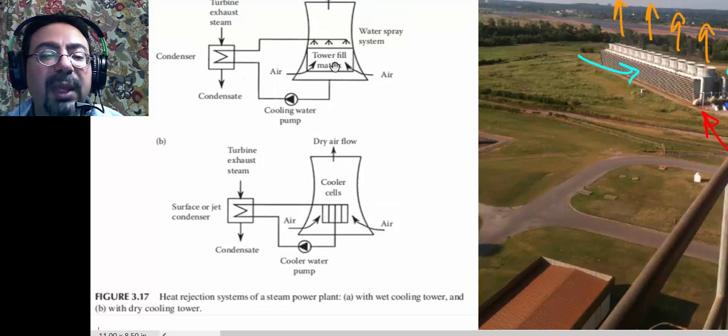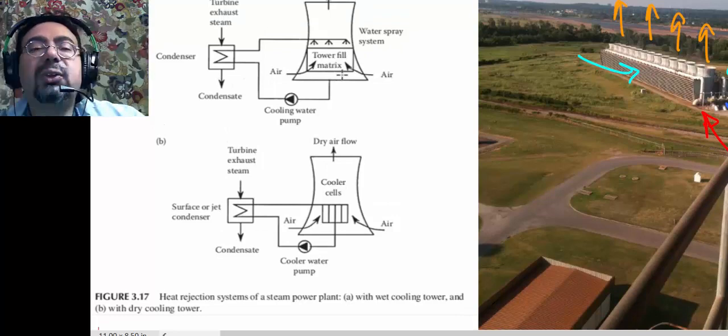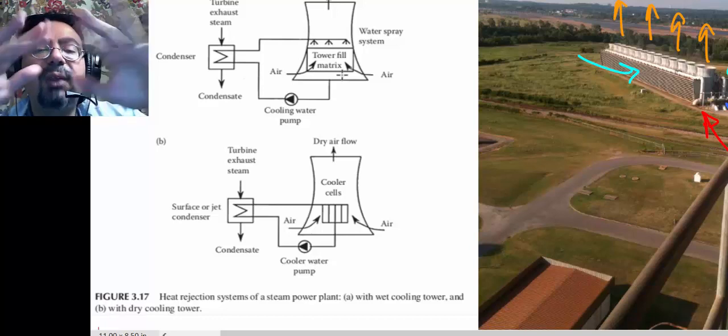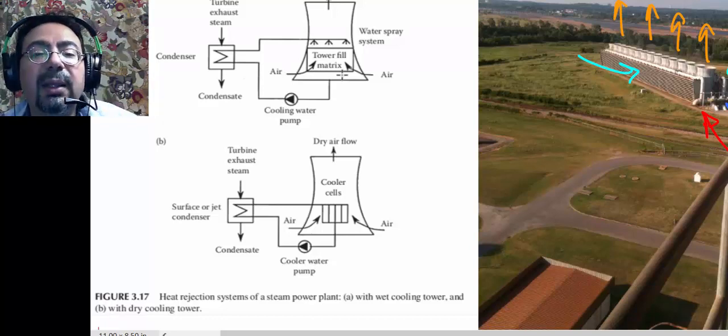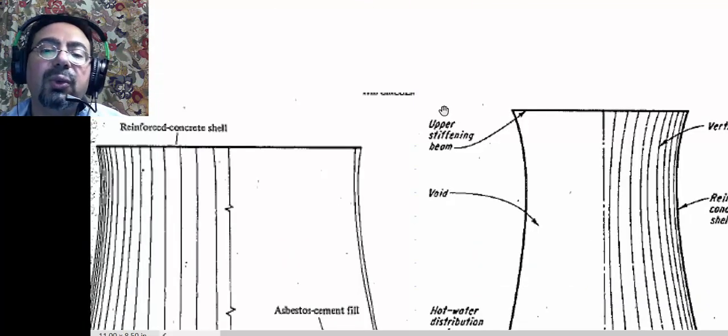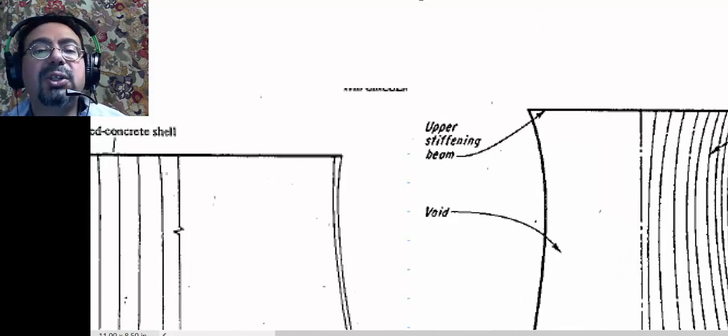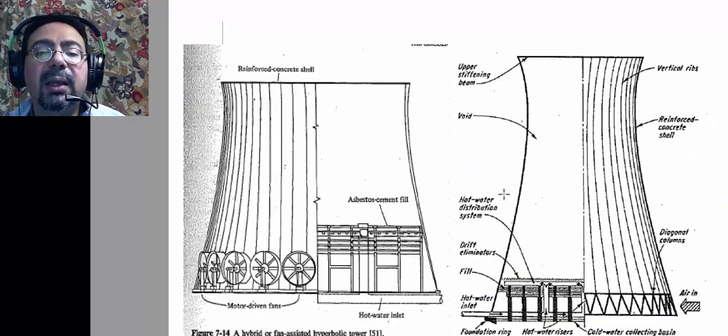The whole idea behind this packing material is that we want the water to stay in contact with the air for as long as possible. So you give it all those trays to trickle through, and all those features to have more surface area with the air.